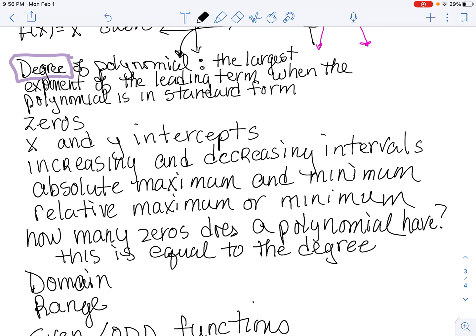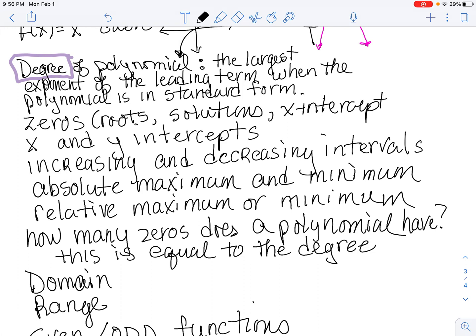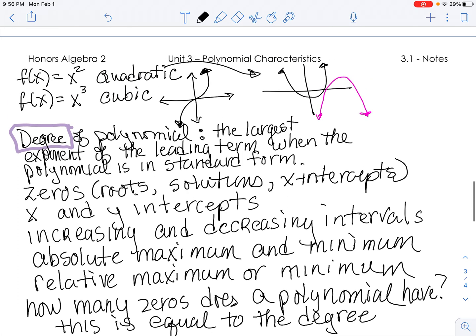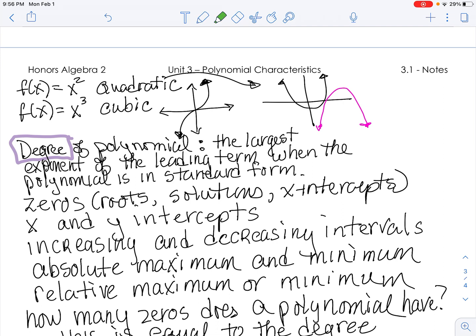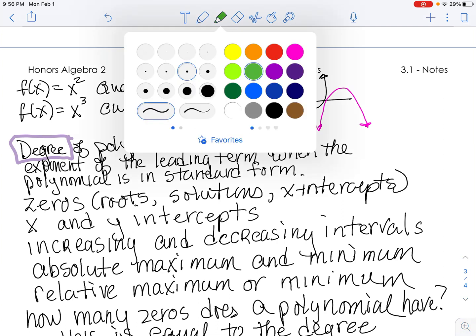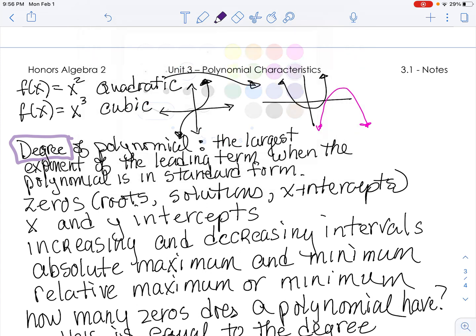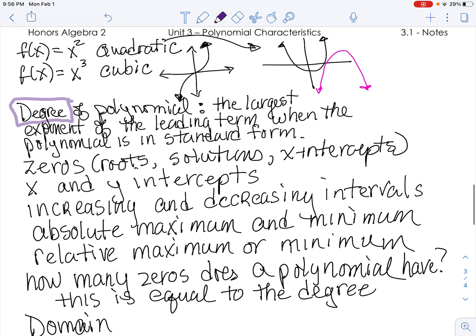Okay, I want to scoot up here to zeros because I know that we've talked about it, but I want to make one more connection to you that the zeros are the same as the roots. They're the same as the solutions. And of course, when written, they are the x-intercepts. Okay, so let's go up here and let's just put some highlights in purple around the important stuff here.